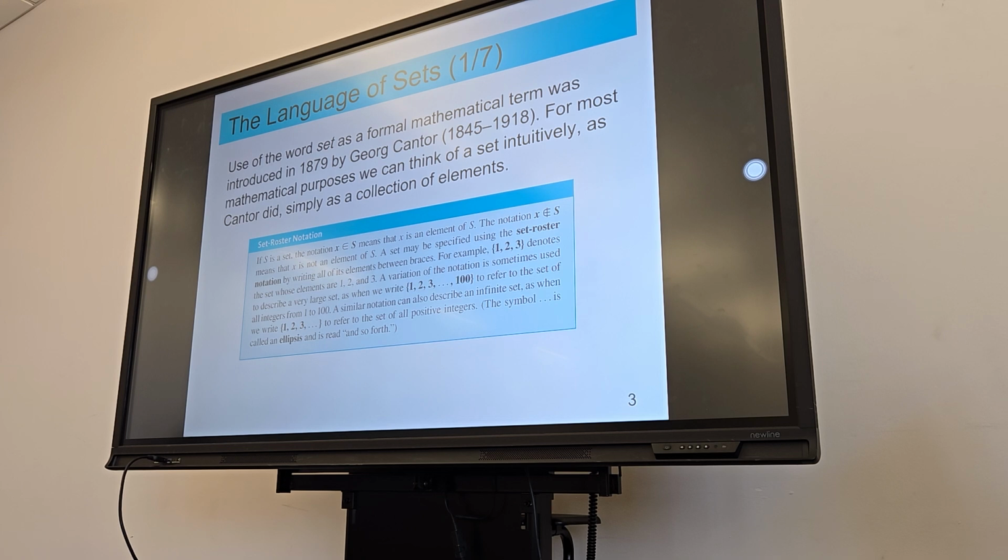You might recognize that notation as being how to define an array in C++ when you want to specify the elements of the array. An array is a particular type of set. This notation is used for sets in general, but an array is a type of set.